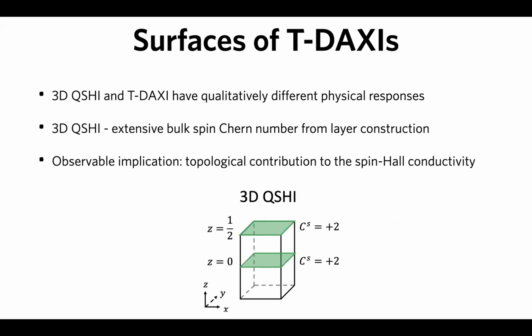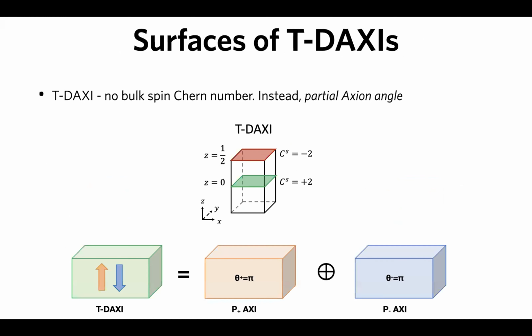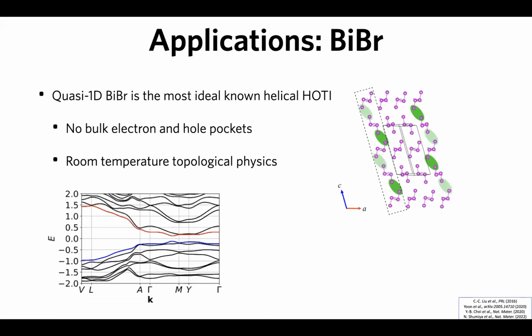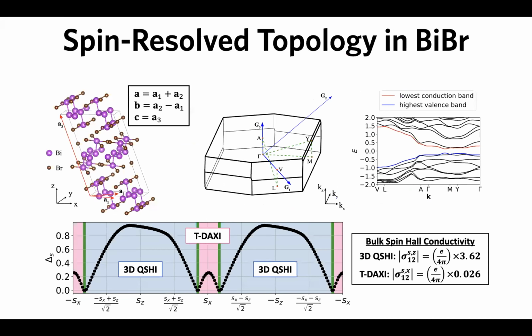Okay, so here's the picture, and I'll just skip to say we can compute the layer resolved spin Chern number and find that the surfaces are anomalous. And we can apply all of this to ab initio models. So we, with our collaborators, did some ab initio calculations on this quasi one-dimensional alpha bismuth bromide, which is a helical HOTI candidate that, unlike so many materials that us theorists talk about, you compute the band structure and there's actually a gap, and you experiment and measure it and there's actually a gap.